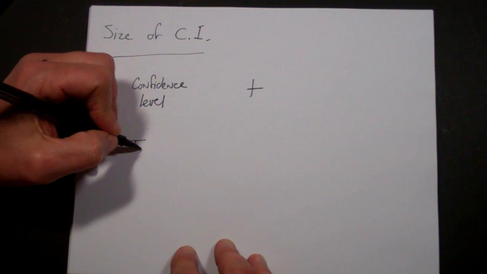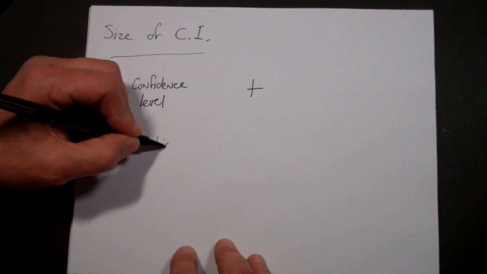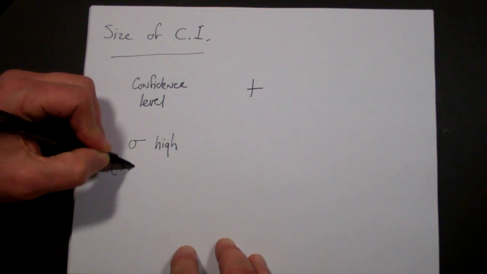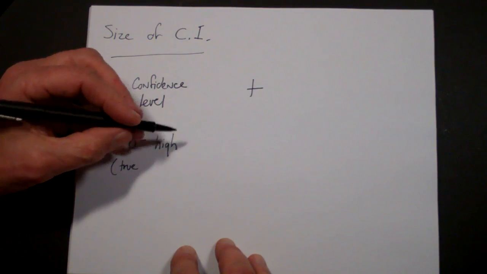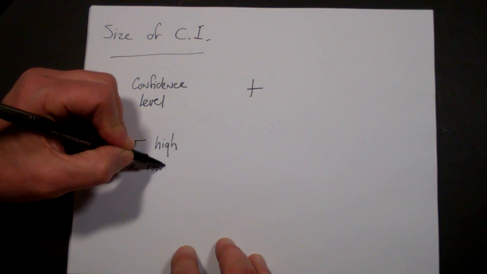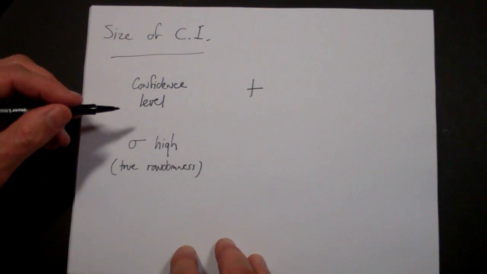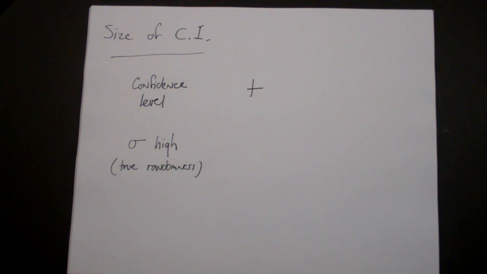The second thing: let's say that sigma is high. And remember, sigma is the true randomness, or the randomness present in the population. Well, let's think about that for a second.